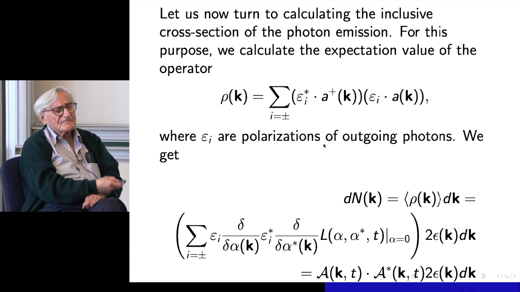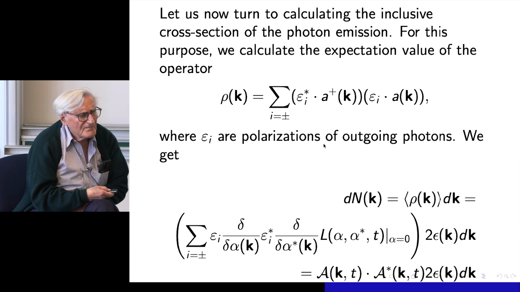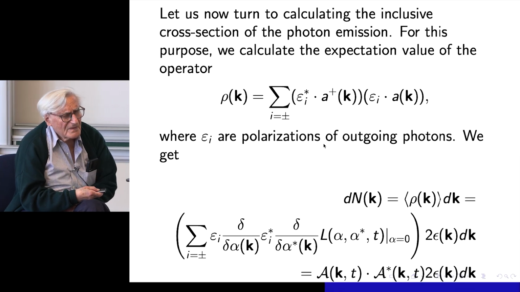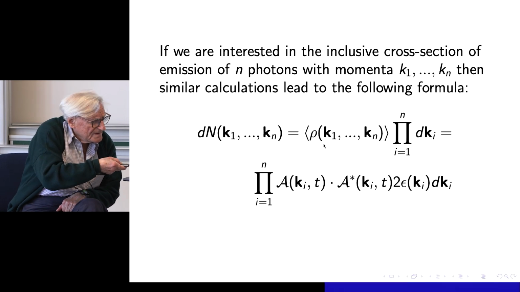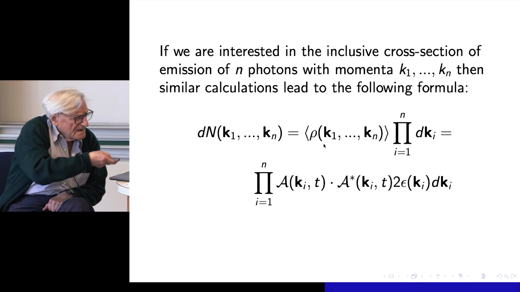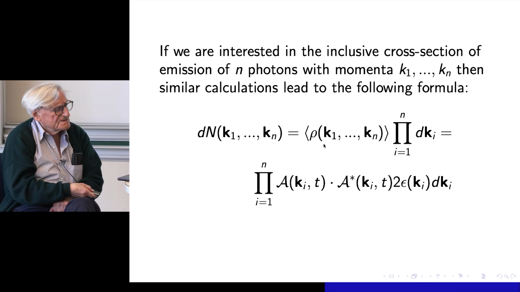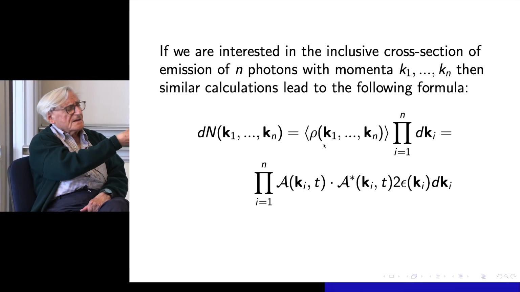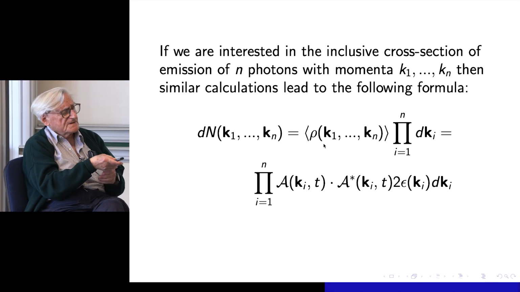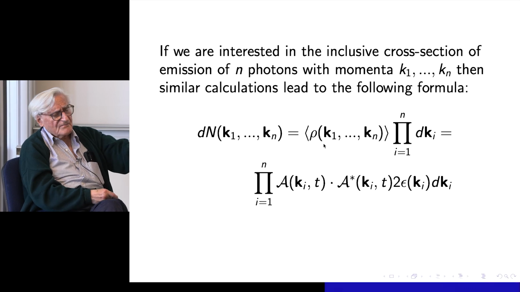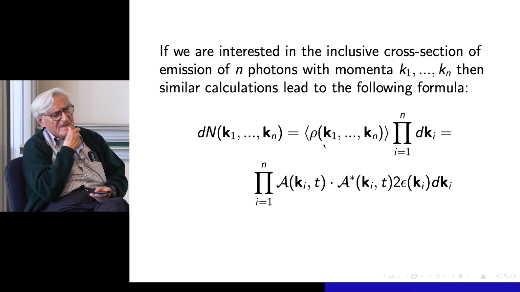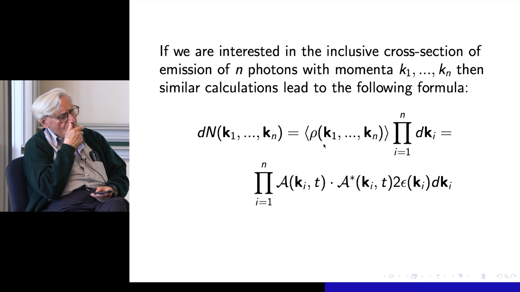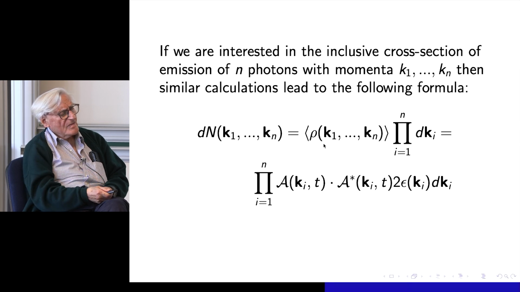You mean the total inclusive cross-section? No, not the total, the inclusive cross-section. So let me go to the formula. This is the basic formula. Yes, but I don't see a parameter which characterizes the width of the wave packet.